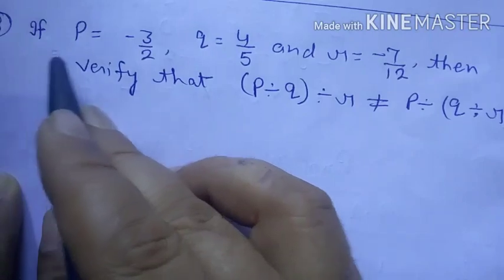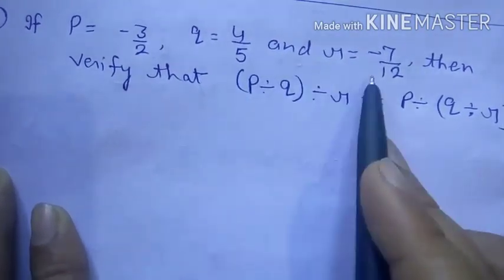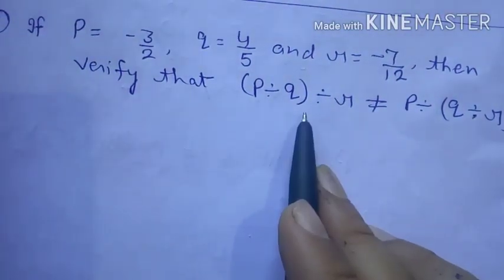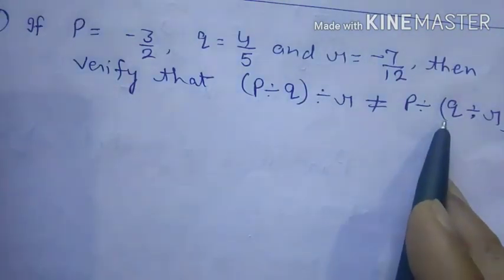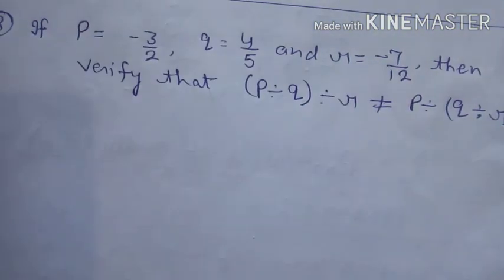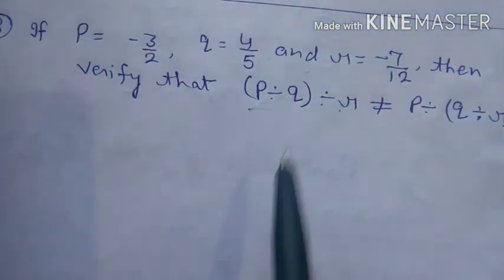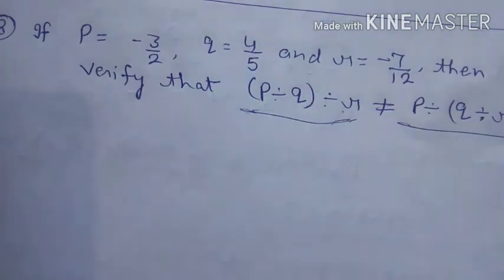Question number 8 is, if P is equal to minus 3 upon 2, Q is equal to 4 upon 5, and R is equal to minus 7 upon 12, then verify that P divided by Q divided by R is not equal to P divided by Q divided by R. Okay students, here grouping is changed, and we will have to verify that these two sides are not equal.